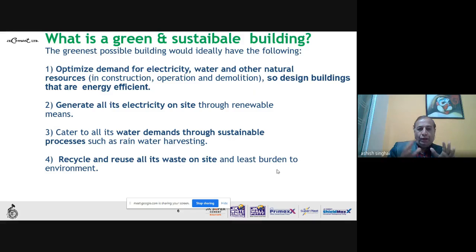Now, let us come to the green and sustainable building. So it has 7-8 major parameters, and we have got good credit agencies which certify a building to be a green building. I have a very good fortune of visiting JP University Guna, because previously I was working with this organization only, and I used to visit that particular campus as a faculty.